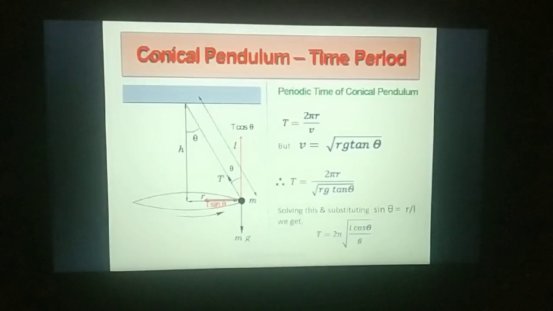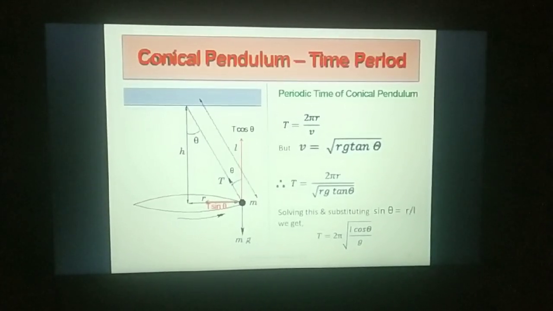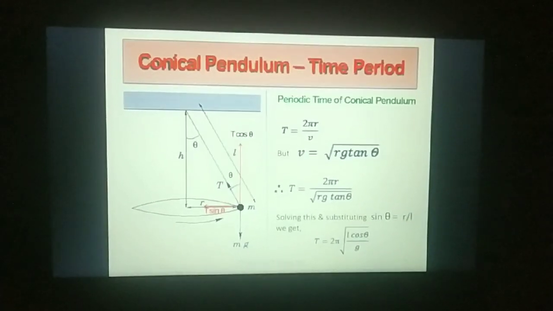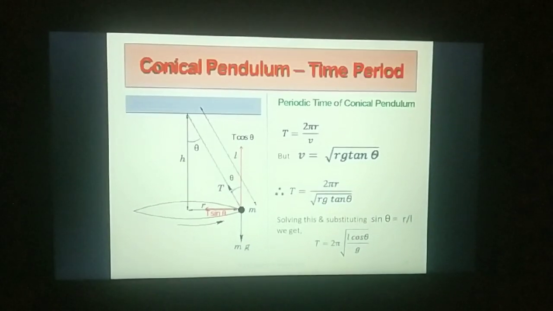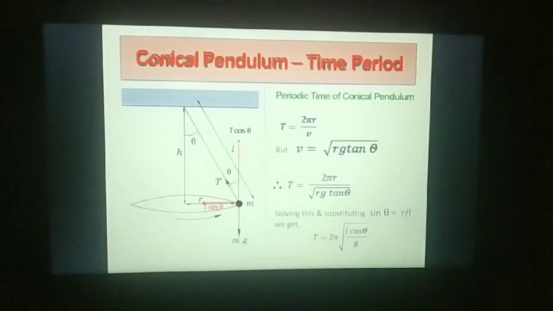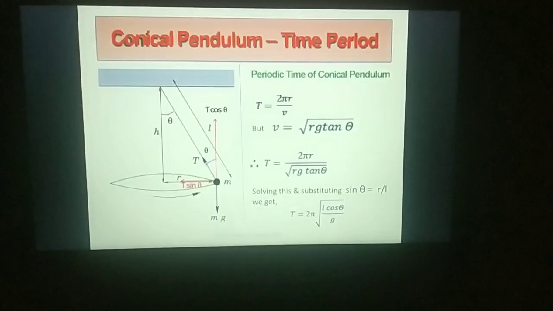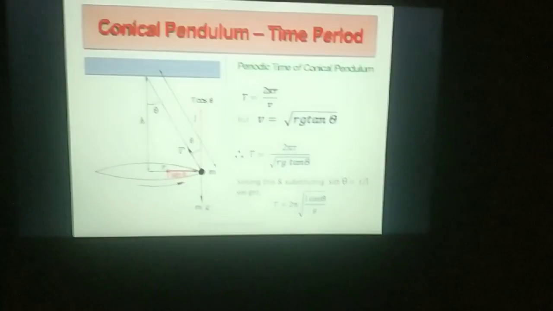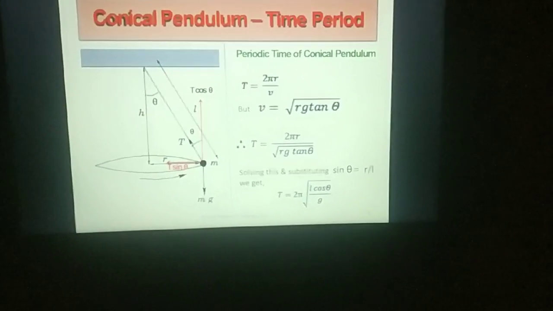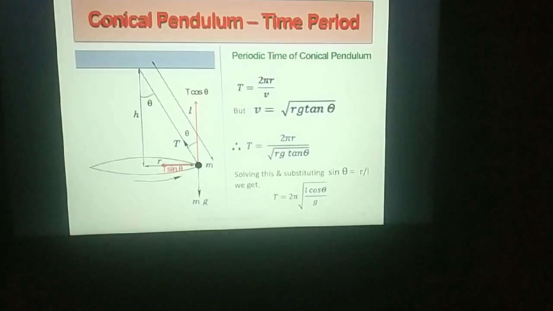As you already know v, you can put it here, so T equal to 2 pi r upon square root of rg tan theta. You have two terms of r here, and one r is in the square root. You can write it as square root r into square root r. So one square root r will get cancelled and T becomes 2 pi.